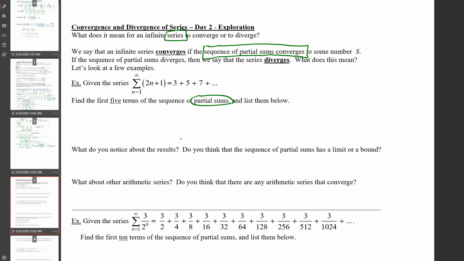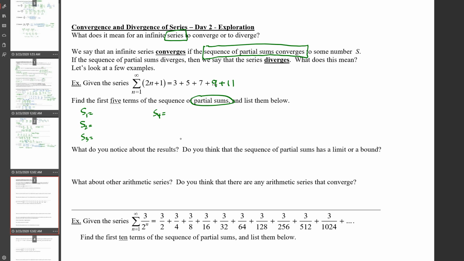Partial sums are the sum of the first term, then the sum of the first two terms, then the sum of the first three terms, then the sum of the first four terms, and so on. If I made some more terms here, it'd be 3 plus 5 plus 7. I can see that this is an arithmetic series, we're just adding 2. So this would be plus 9, plus 11, and so on.